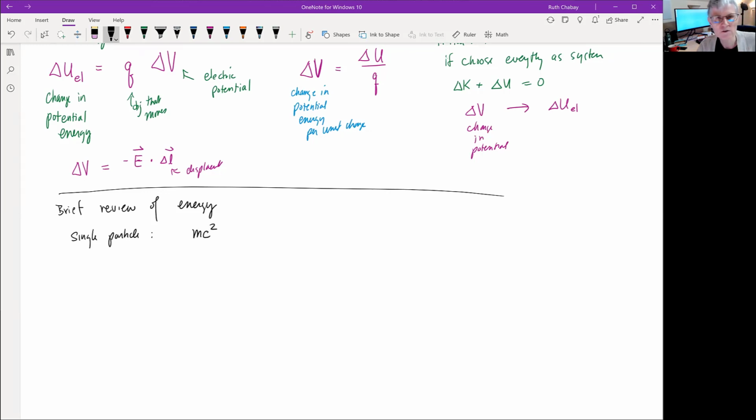It had its rest energy, which is entirely due to its having mass, and then it had kinetic energy. For a single particle, there is no potential energy because potential energy is interaction energy. So if we take a system as a single particle, then there's no potential energy.